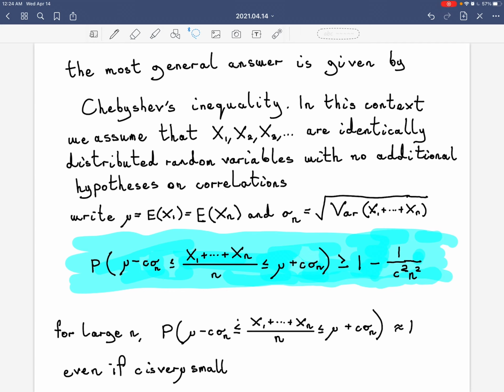But the point about Chebychev's inequality is that it's not an abstraction that requires an infinitary limit. There's no infinities in this statement.